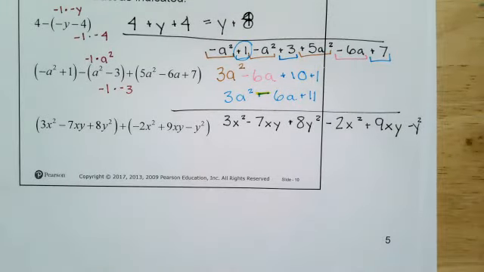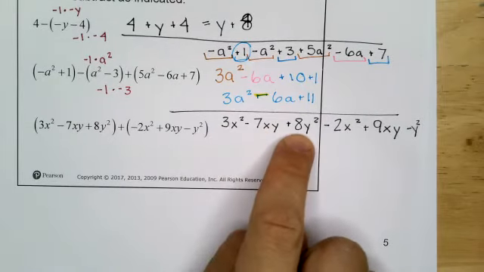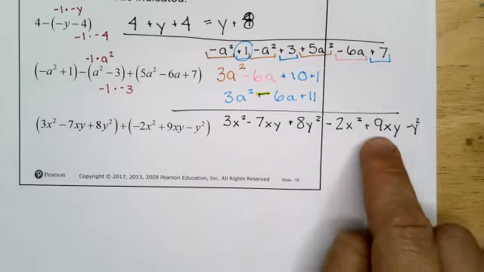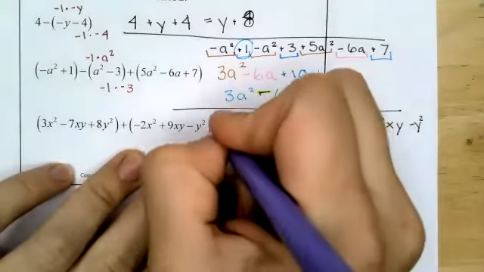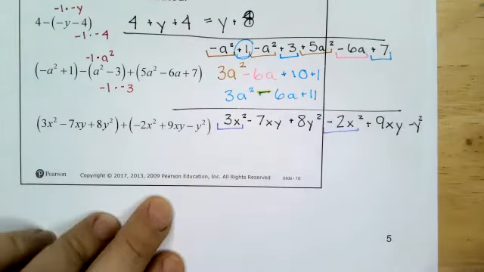What is your biggest term here? We have a 3x squared, negative 7xy, 8y squared, negative 2x squared, 9xy, and a negative y squared. Traditionally, you go alphabetical, so I would say x squared goes in front of y squared. So we have 3x squared minus 2x squared.